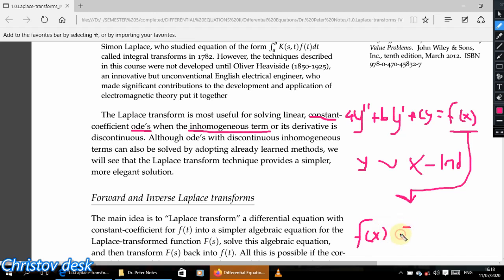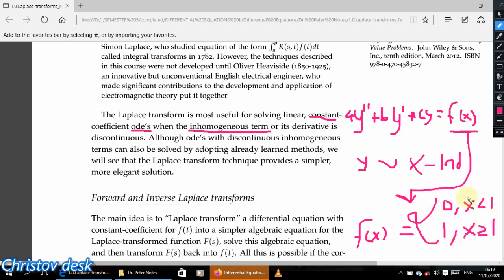Let's take this function that is off when x is less than 1. Then it becomes on when x is greater than or equal to, let's say, 1.